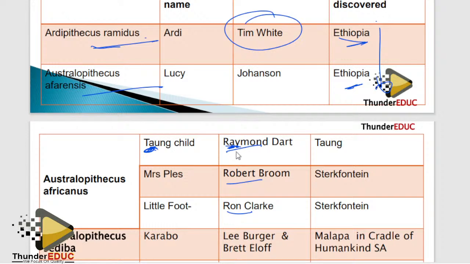So now you know it. So now the rest you can know. Ron Clark, Littlefoot. And then Mrs. Ples, actually it's called Mr. Ples, but I don't know if they credit it if you say Mr. Ples.